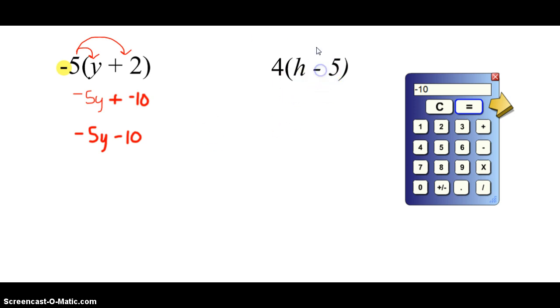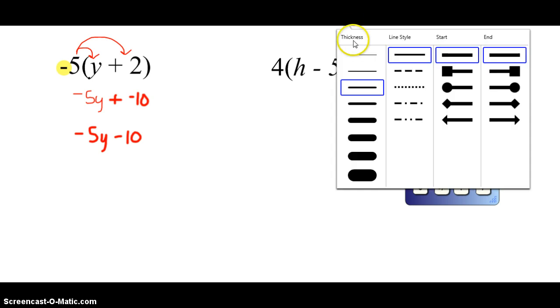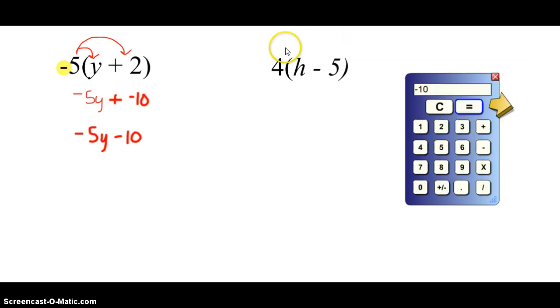Let's go ahead and do this problem too, because I want you to see what this looks like. So let's look at this one. We're going to distribute the 4 to the h to start with. So that would just be 4h's. And then we're going to distribute the 4 to this number.